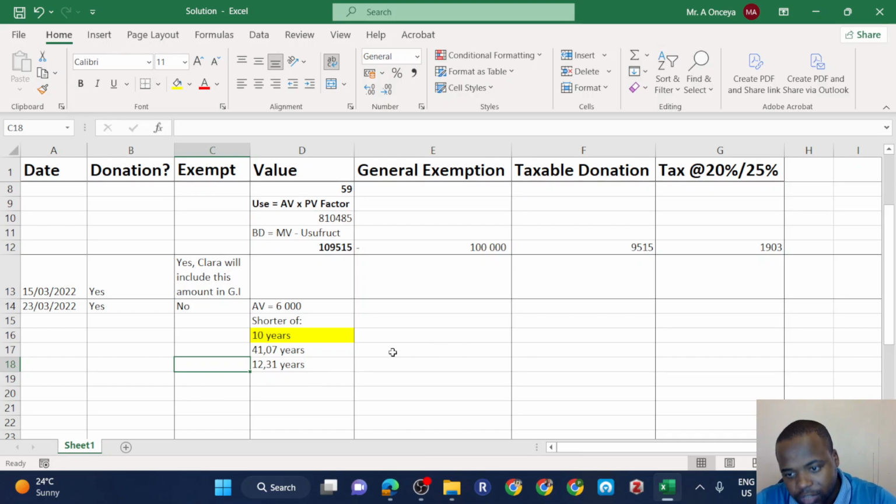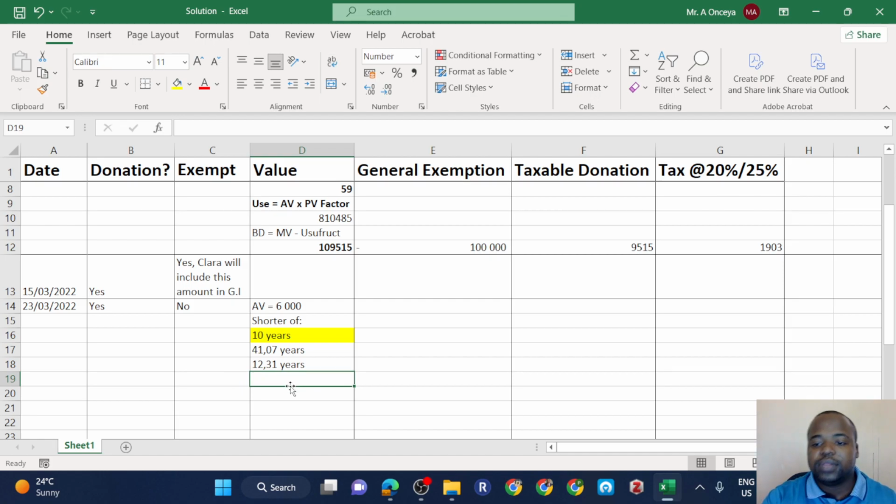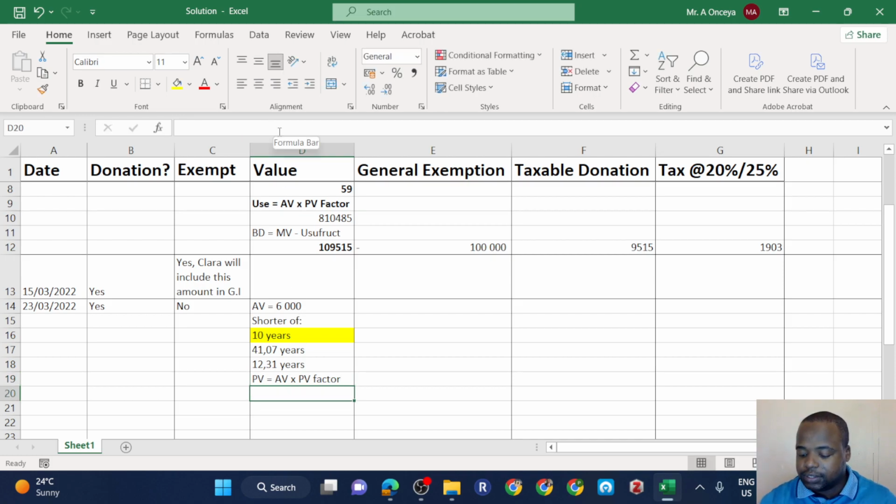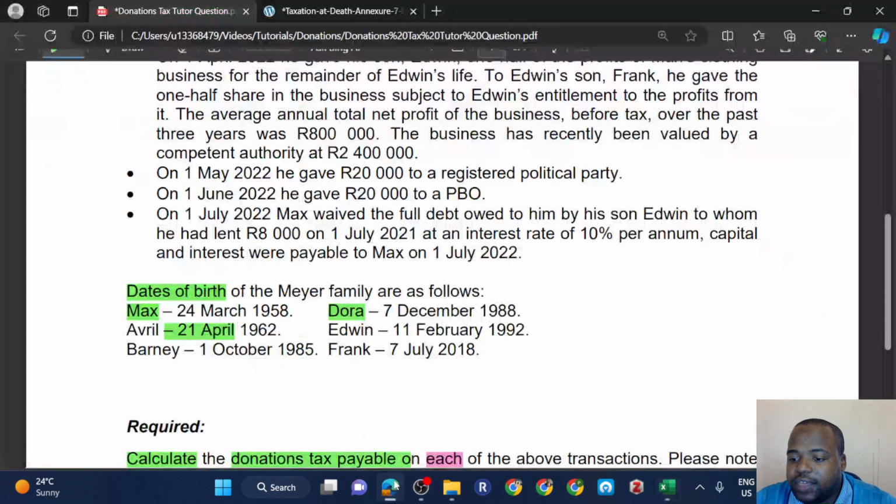And then you will now use the PV factor associated with the 10 years to compute the value of the donation. So the present value of the donation will be equal to our annual value multiplied by the PV factor of 10 years. Right, and that means 6,000 rands multiplied by, now let's look at the PV factor.